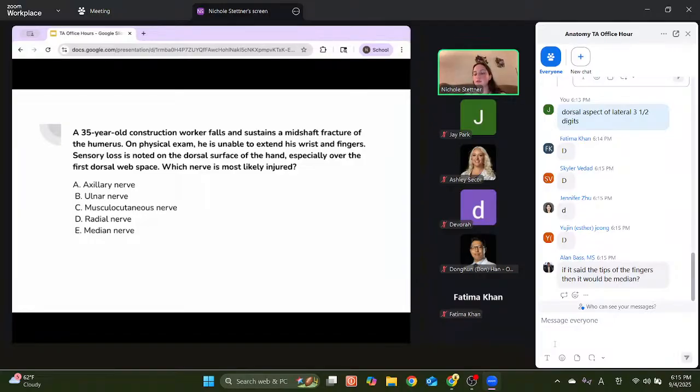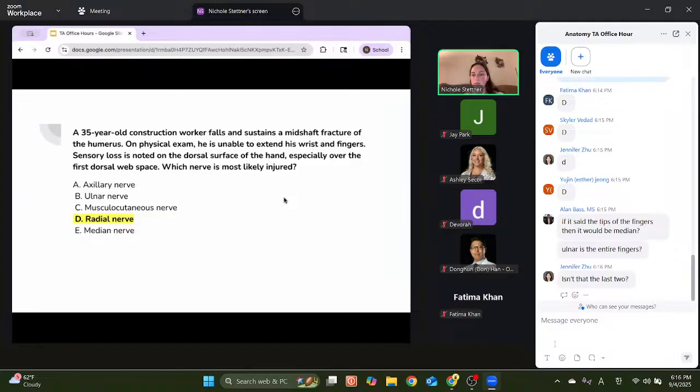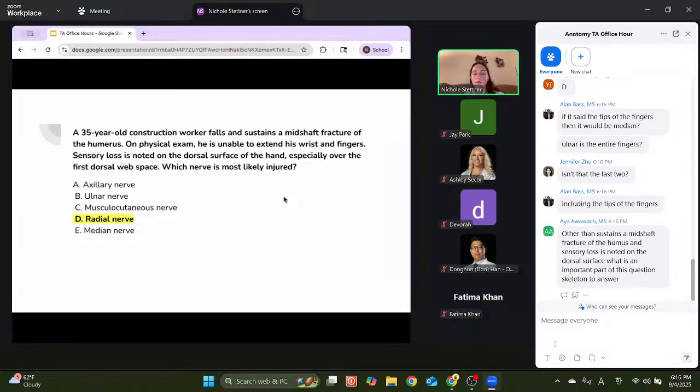So if it's the first 3.5, median, and then ulnar does the other sides. I hope that cleared that up. And good job to whoever said D. Ulnar would be the fourth and fifth digits. We'll get into the ulnar nerve, I promise. Sorry.